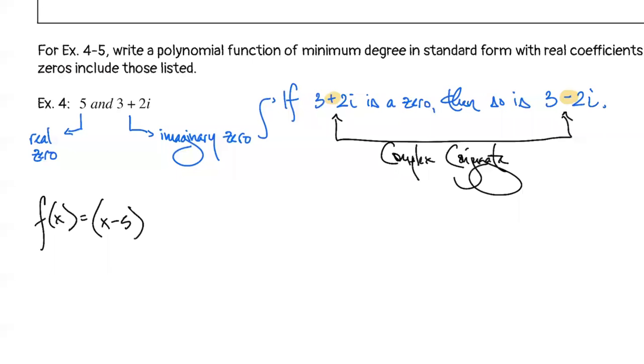Good. This 5 gave me this factor. If 3 plus 2i is a 0, what is the factor that goes with it?